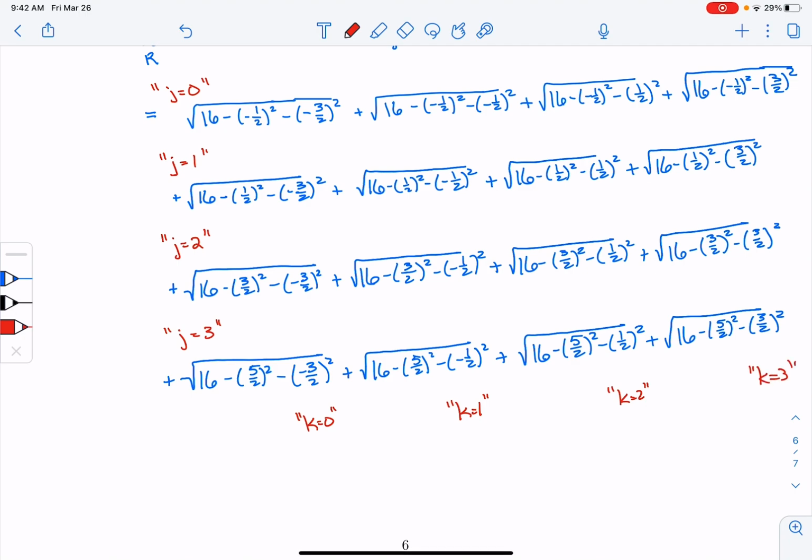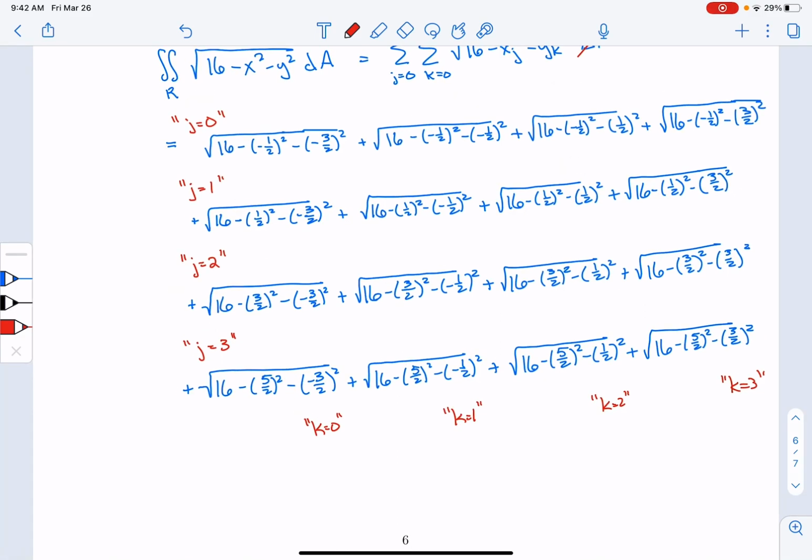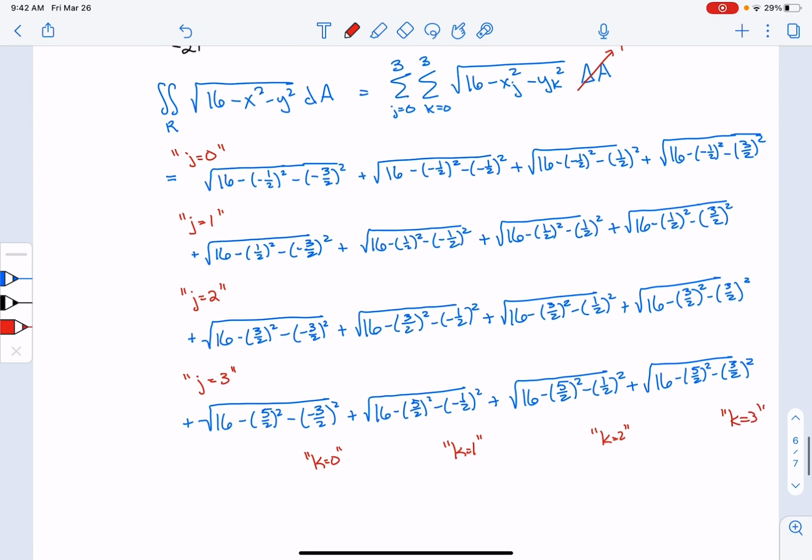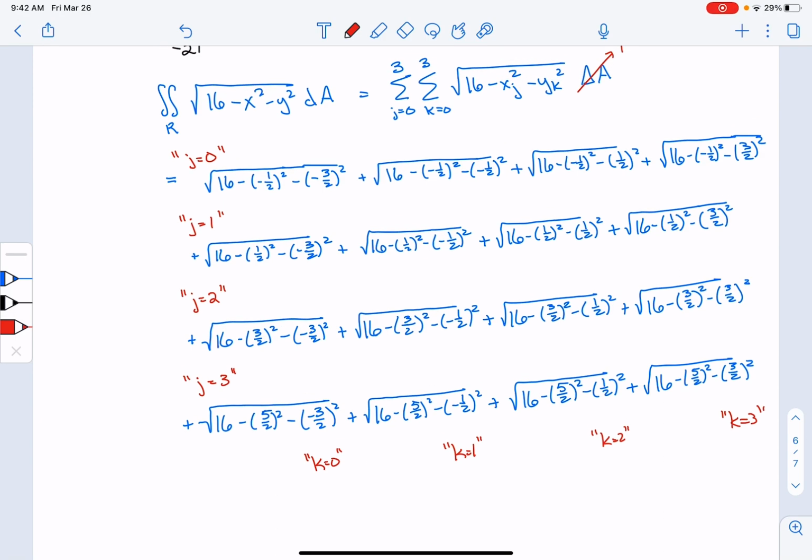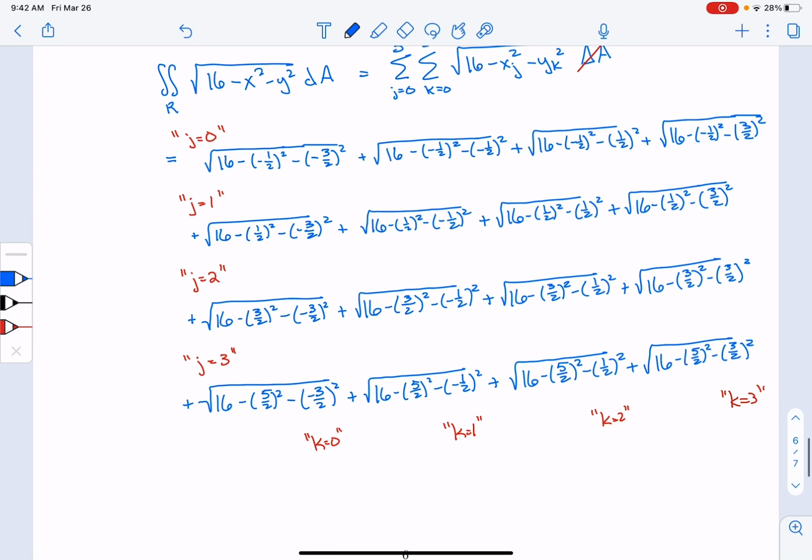Okay, so my sum is the sum of the volumes of 16 rectangular prisms. The base areas of those prisms are 1 and whose heights are given by the function the square root of 16 minus x squared minus y squared. We sum those all up and we get an approximation of the volume underneath that hemisphere within that rectangle.